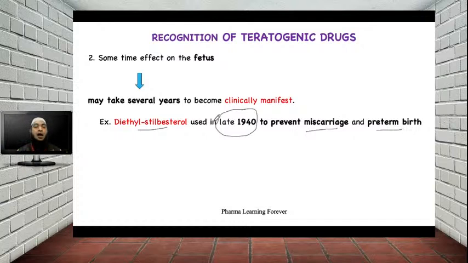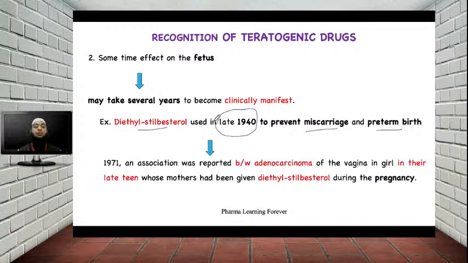But then the study continued, and it was observed that there is a good relationship between diethylstilbestrol treatment given to the mother and adenocarcinoma of the vagina in girls in their late teens, whose mothers had been given diethylstilbestrol during pregnancy.